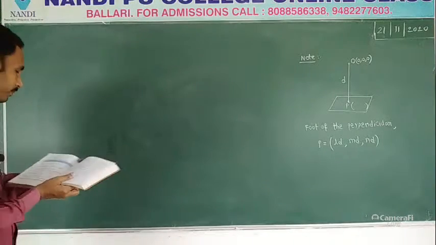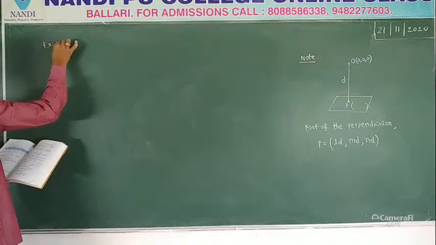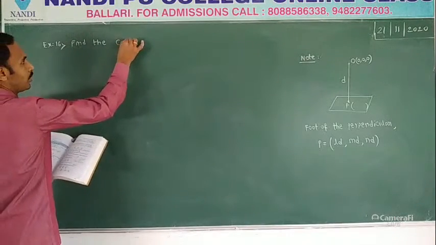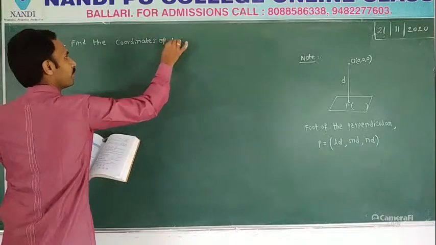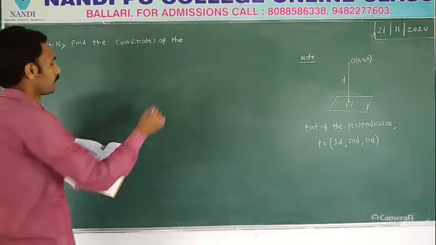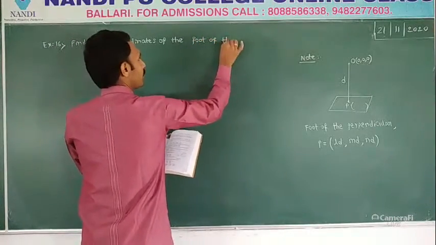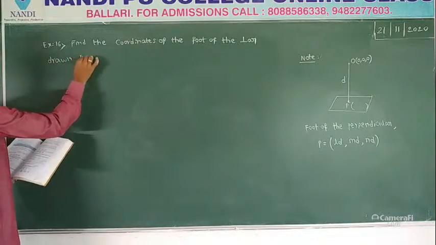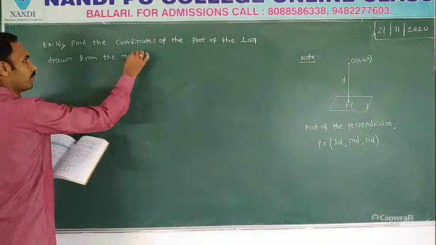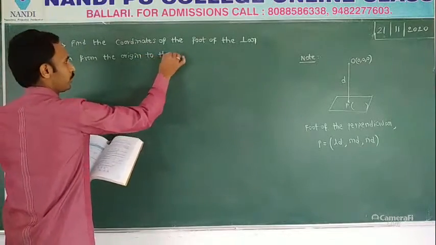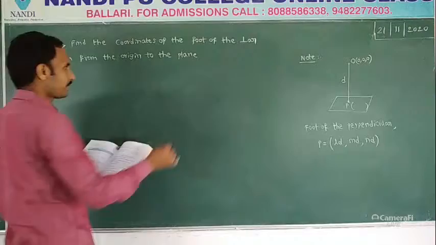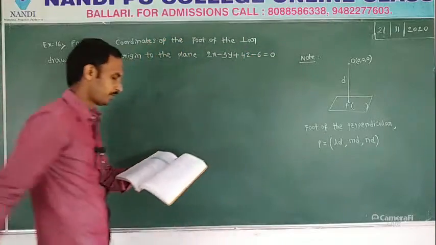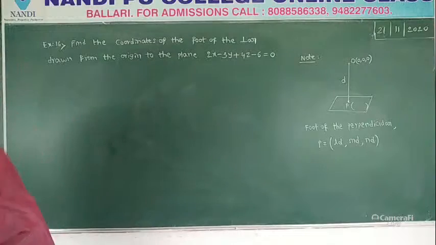Okay, right. Example 16. Find the coordinates of the foot of the perpendicular drawn from the origin to the plane 2x minus 3y plus 4z minus 6 equal to 0.